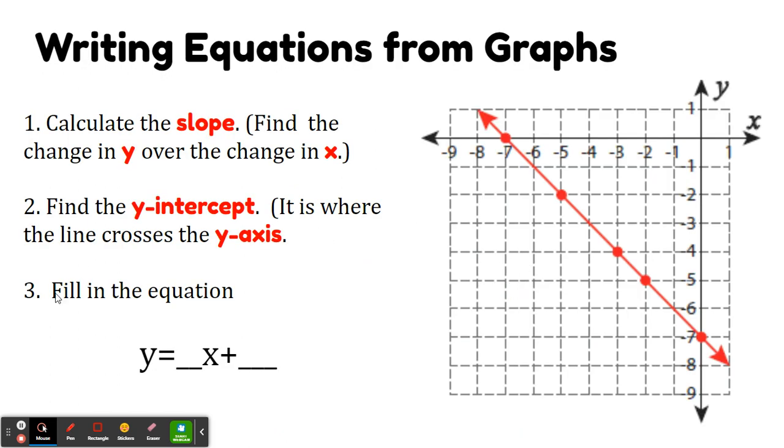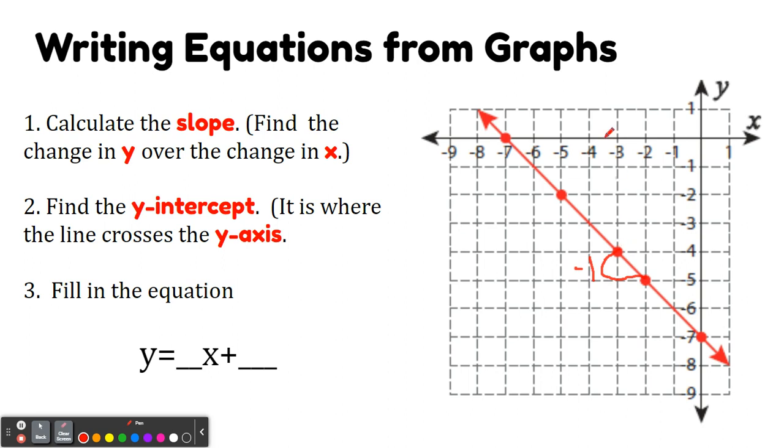So, just a quick review of writing equations from graphs. The first thing that you're going to do is calculate the slope. So, you find your change in y over your change in x. Remember, change in y is how far down you go. We are going down by ones here. So, I'm going to go from this dot to this dot because that is saying that I am going down one.